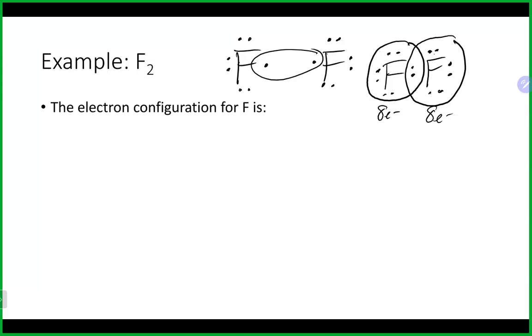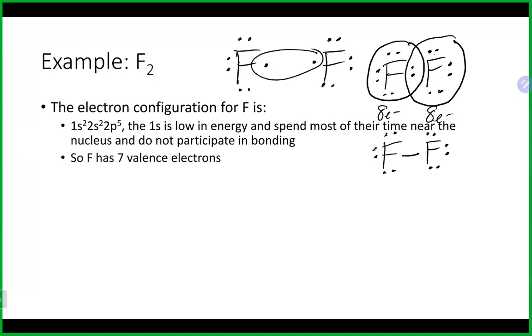So 8 valence electrons is the noble gas configuration. Again, here by sharing those electrons, they're able to achieve noble gas configuration. Again, we could also represent this with a line to show the bond, which is probably the most common way people would draw it. And again, that line in the middle would represent 2 electrons that are being shared in this case. Question on that there.